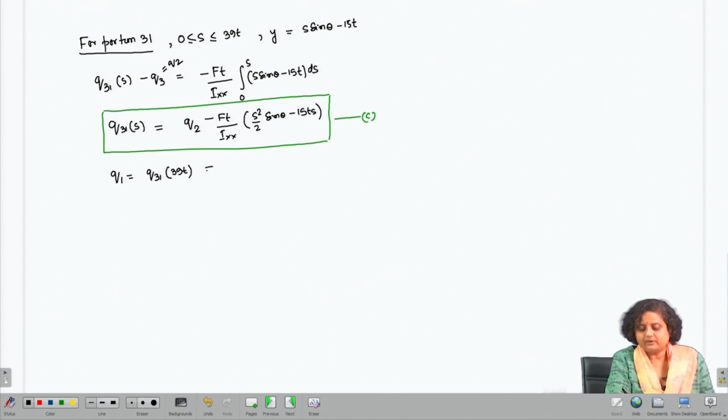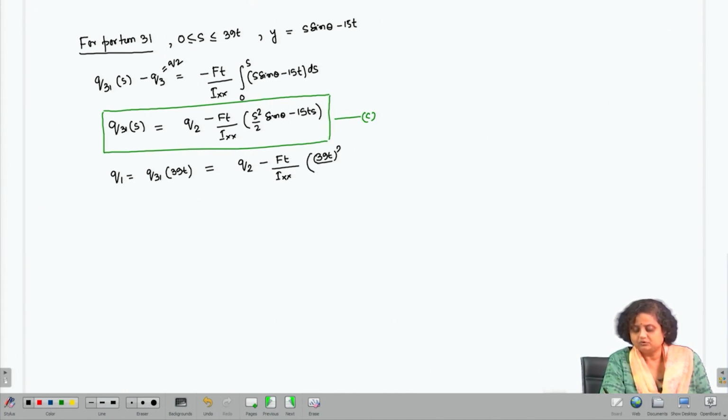Now, if we evaluate this, we get Q2 minus Ft by Ixx into 39t whole square by 2 into sin theta, minus 15t into S, into 39t.